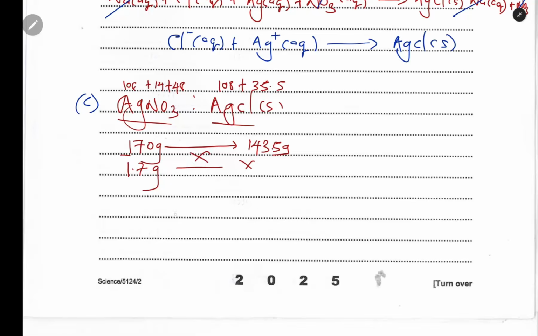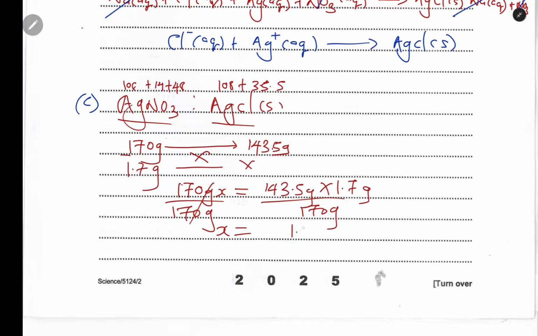So cross multiply. So we are going to have 170 gram, x gram, is equal to 143.5 gram multiplied by 1.7 gram. So divide by 170 gram. This x is equal to 143.5 multiplied by 1.7, then divide by 170.